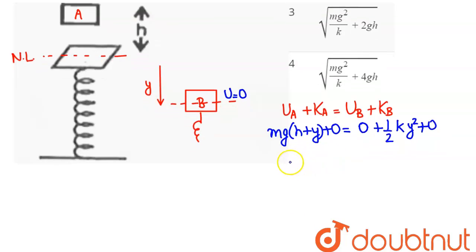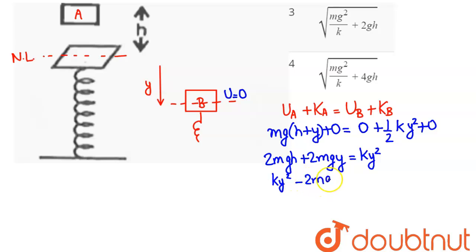So this gives us 2 mgh plus 2 mgy is equal to k into y square. So ky square, and 2 mgy goes to the right side, so ky square minus 2 mgy minus 2 mgh is equal to 0.